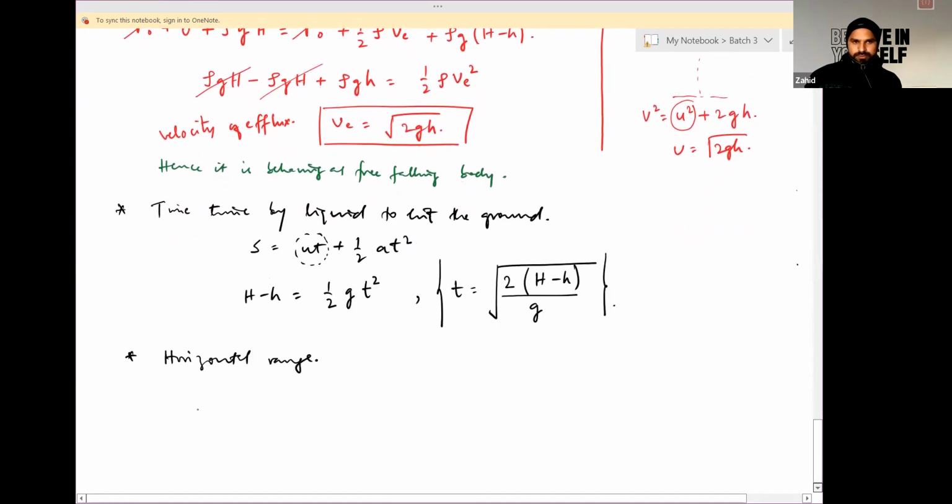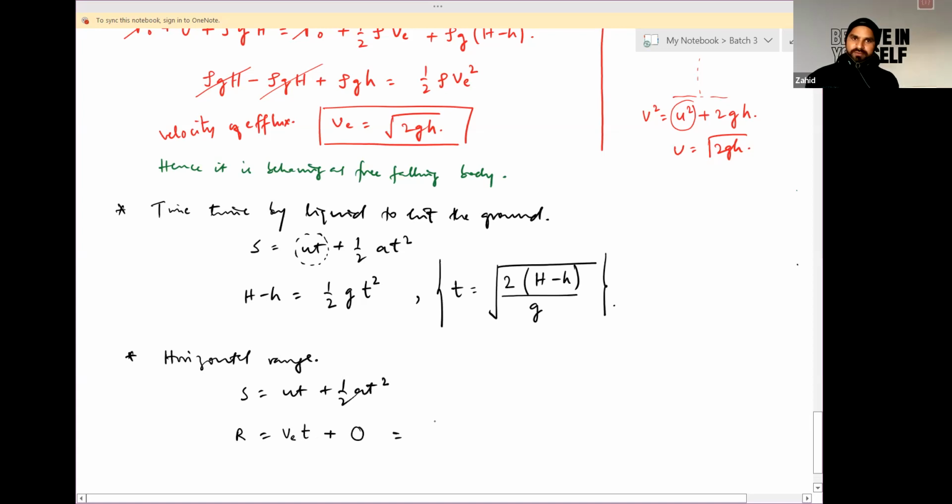So according to horizontal motion, we can write S equals ut plus half a t squared again, but in this part, we are considering only horizontal motion. So total horizontal distance will be R. There is some horizontal velocity Ve, time taken is t, and there is no acceleration in the horizontal direction, so it will be 0.